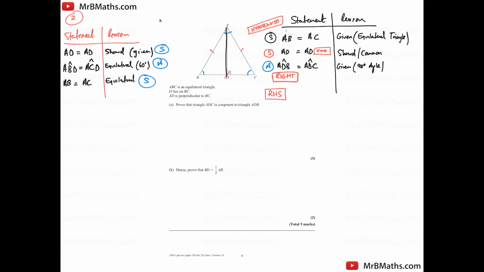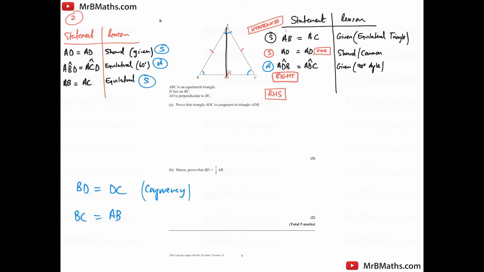Okay, so if we know that from above the two triangles are congruent, that would mean that BD equals DC. Okay, and that's from the congruency we just proven above. So if they are both congruent, that would mean that BC, so the entire bottom of the triangle, would be equal to AB.